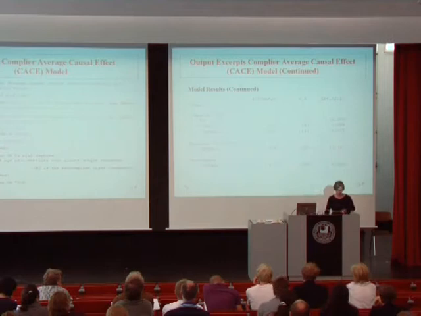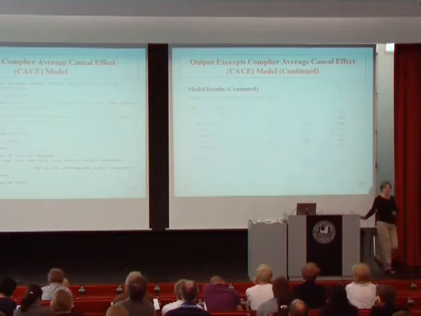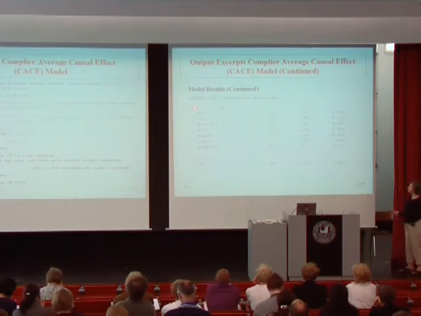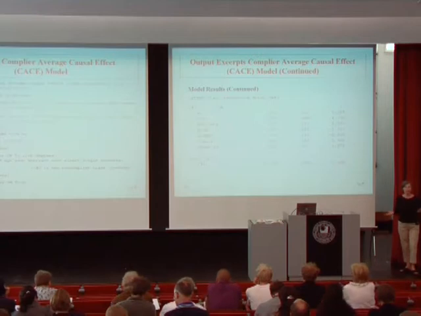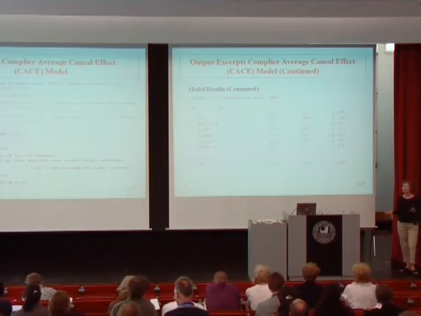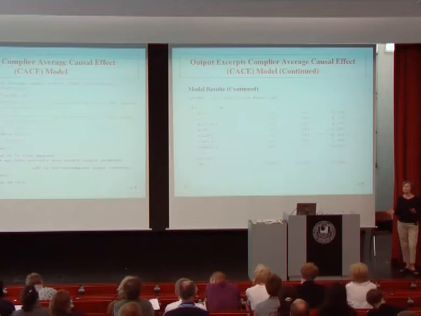And then one other part of the output is the C regressed on everything. So we want to understand who are these compliers and who are these non-compliers? Who are these people? And I think it was only 54% of the people took the treatment. So we only had 54% compliers in this study.